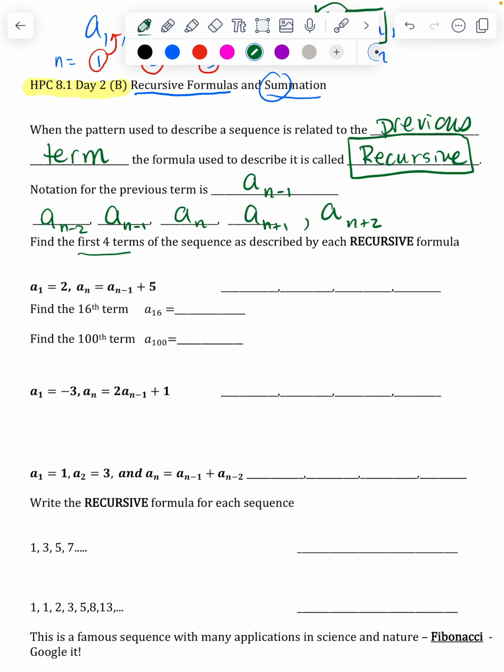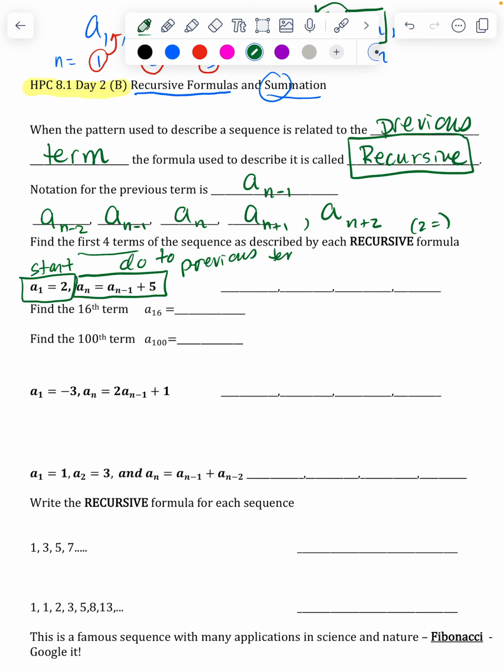We did this yesterday. Find the first 4 terms using the recursive formula. Recursive formulas, you're going to have 2 equal signs. So they have to tell you where to start. And then there's going to be a rule telling you what to do, but you're not doing this to the term number. You're going to do it to the previous term.